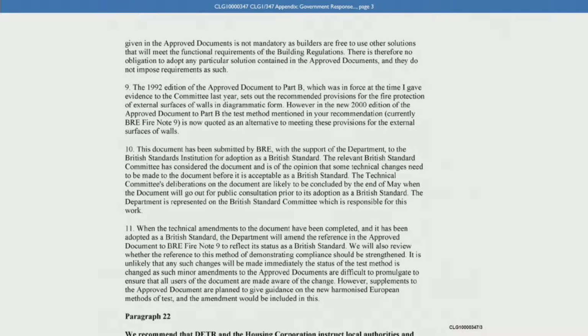Now, I know you say you don't recall seeing this document at the time, but were you aware that this was the department's response, the two paragraphs I've just read to you, 9 and 11? No, I don't recall being aware of that. Does it follow that you weren't aware in 2000 that the department's position was that following the adoption of the BRE's full-scale test as a British standard, it would review whether the reference to this method of demonstrating compliance should be strengthened?